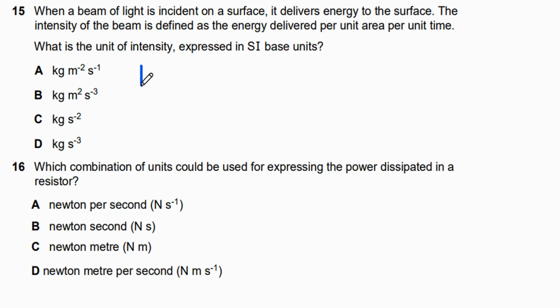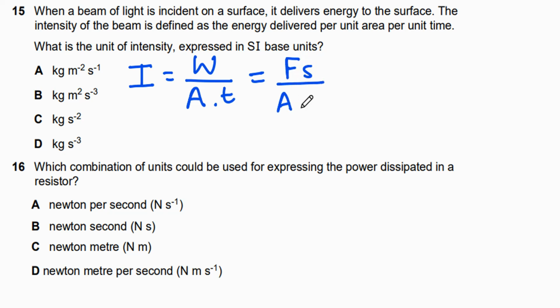The intensity I is the energy. Now energy is the same as work done, so we can write W for work done, delivered per unit area per unit time. Now we can rewrite the work done as force times the displacement. And of course, force equals MA.